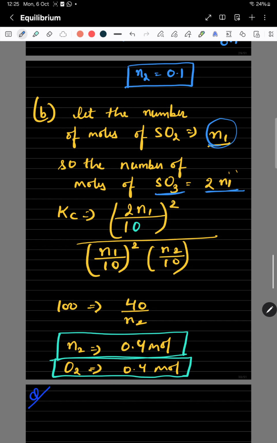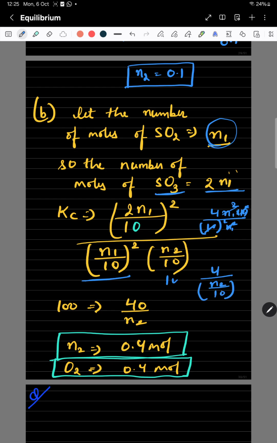Now for the Kc, you can calculate: 2N1 by 10 whole square for SO3, and for SO2, N1 by 10 whole square, and N2 by 10. So here you have 4 N1 square upon 10 square, and you have N1 square upon 10 square. All these terms will be cancelled, leaving 4 upon N2 by 10.